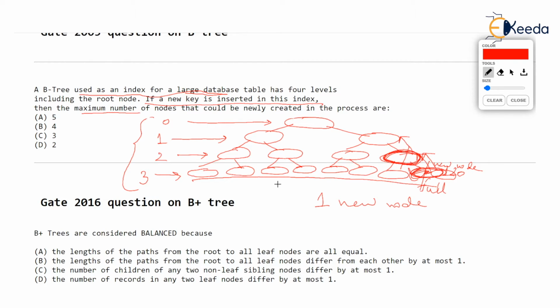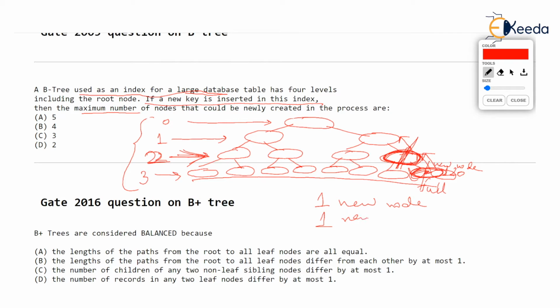So how many new nodes have got created at level 2? Check, this is level 2 we are talking about, isn't it? Level 2. One new node has got created at level 2, correct? Because one node was already there, but one new node due to split has got created. So one new. Okay.